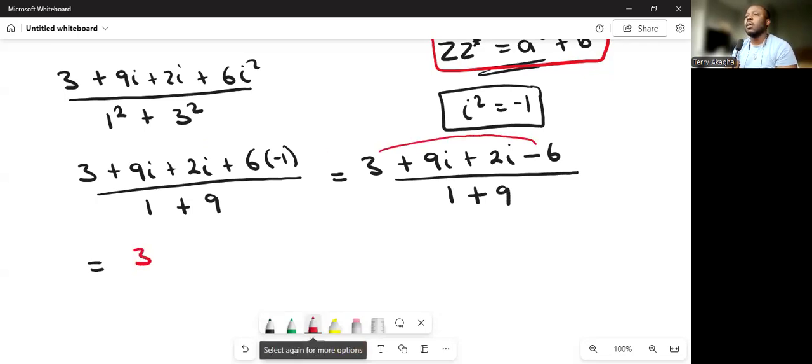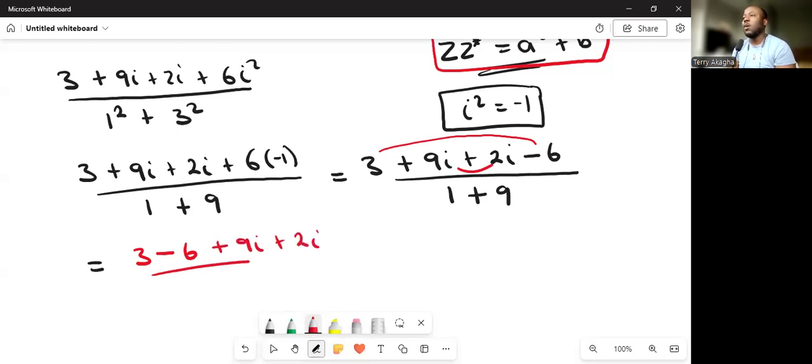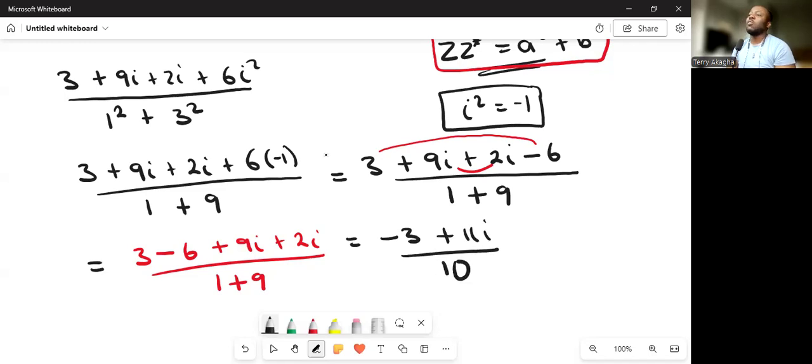So it's going to be 3 minus 6. And we have 9j plus 2j, all divided by 1 plus 9. So 3 minus 6 will give you -3. 9j plus 2j will give you 11j, all divided by 1 plus 9 will give you 10.